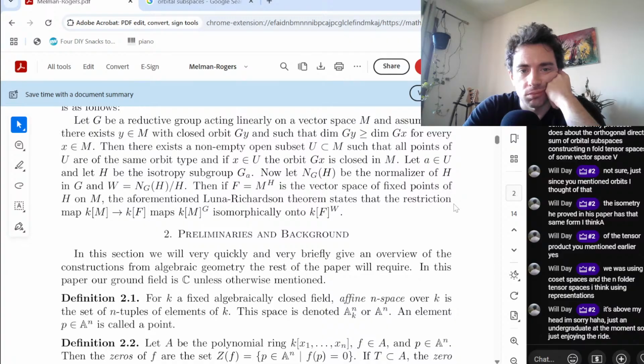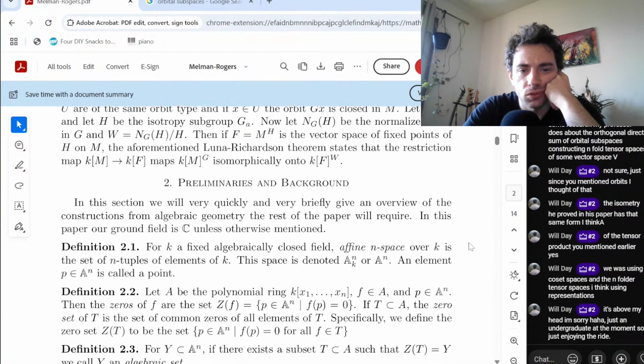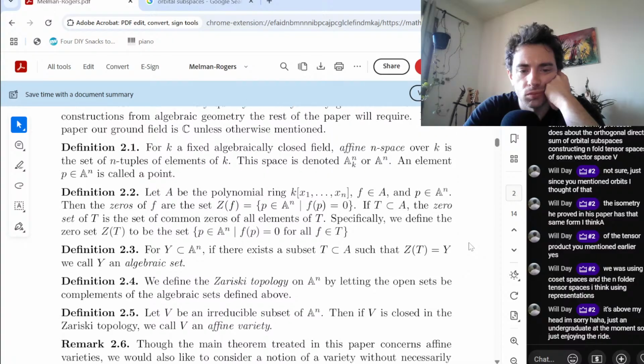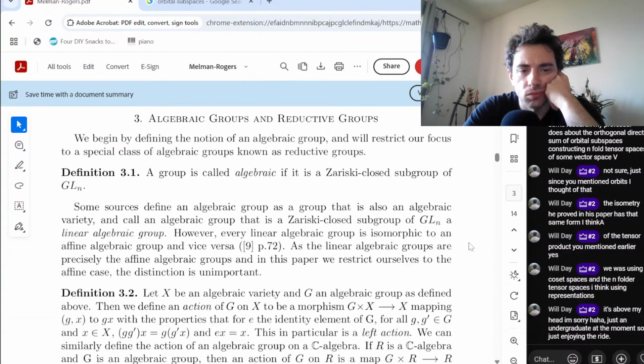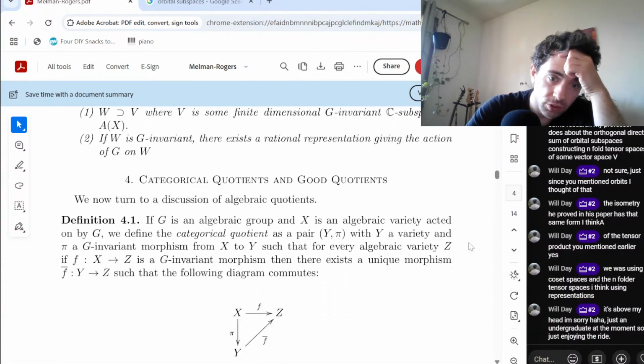Then all points have the same orbit type. Interesting.